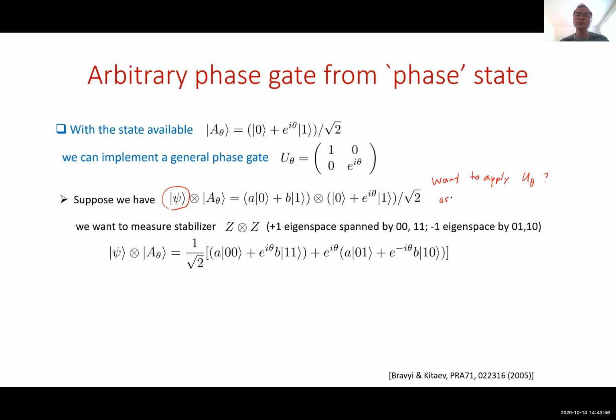So assume Clifford gates are of high fidelity, and we want to use A theta as a resource.